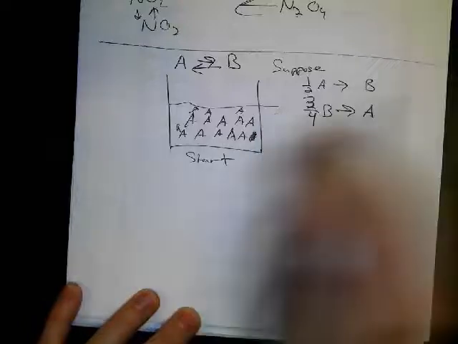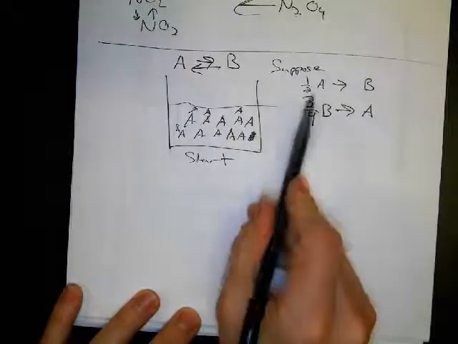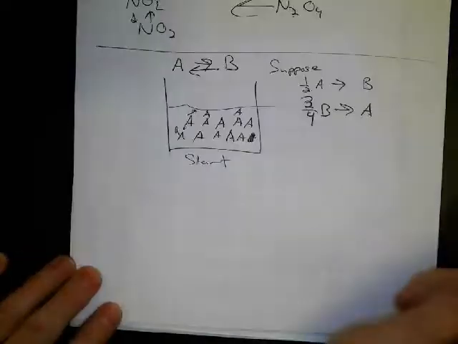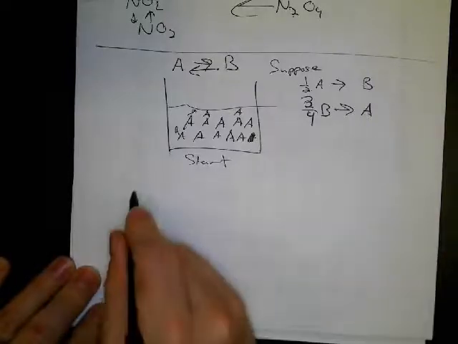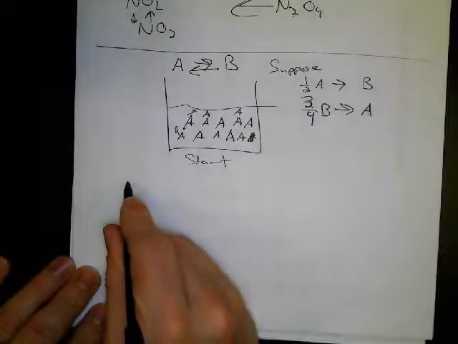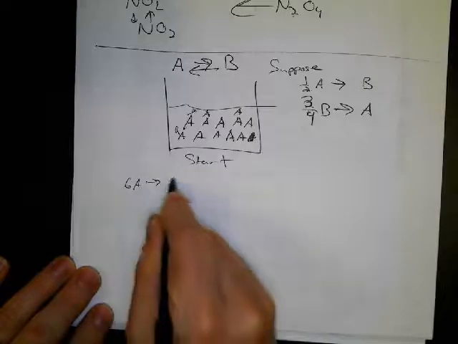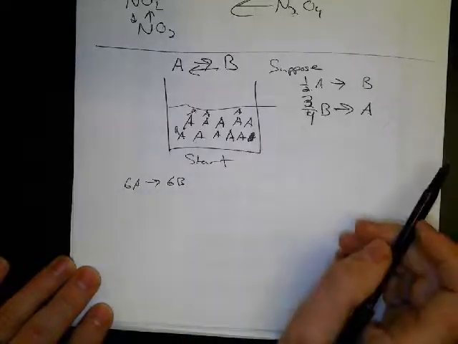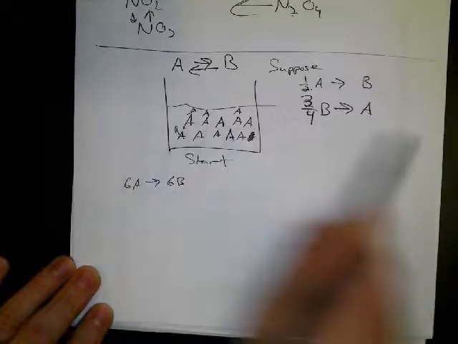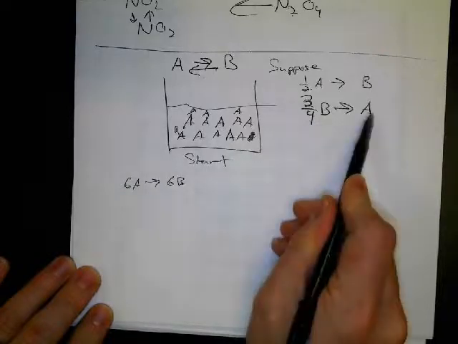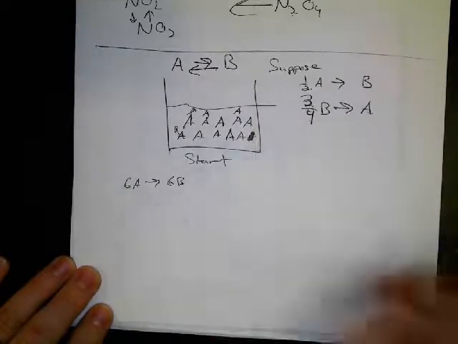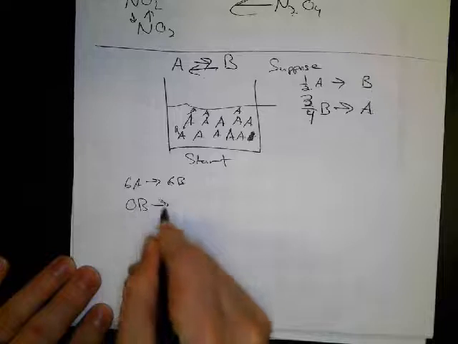Let's say there were 12 A's in there, and half of all of those are going to turn into B's. So 6 of those A's are going to turn into 6 B's. Now, 3/4 of my B's will have to turn into A's. Well, there aren't any B's in there now, so 0 B's are going to turn into A's.